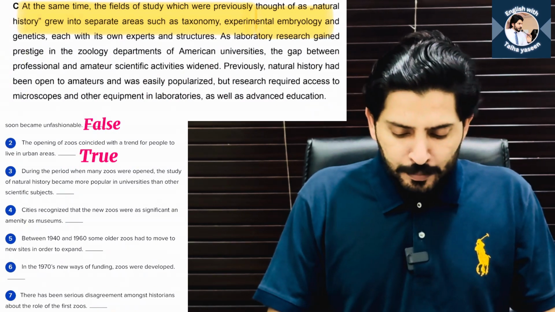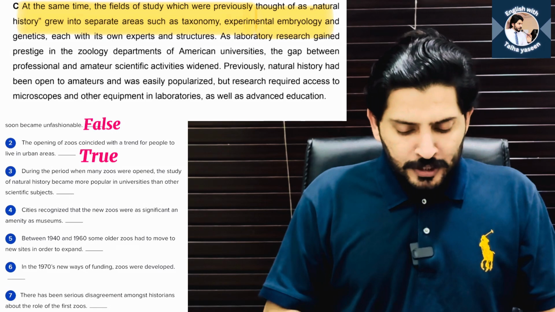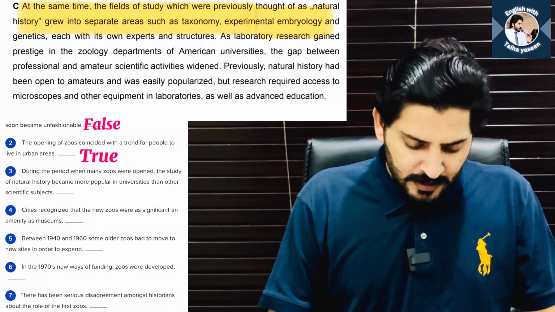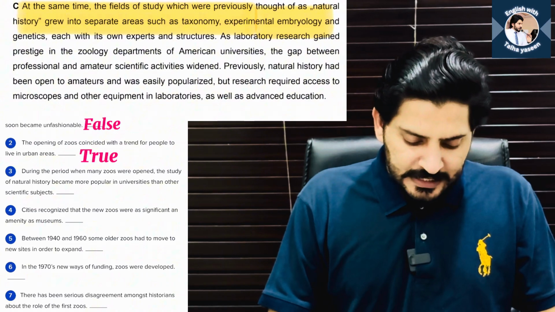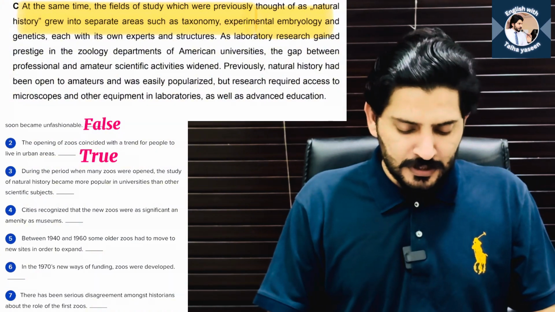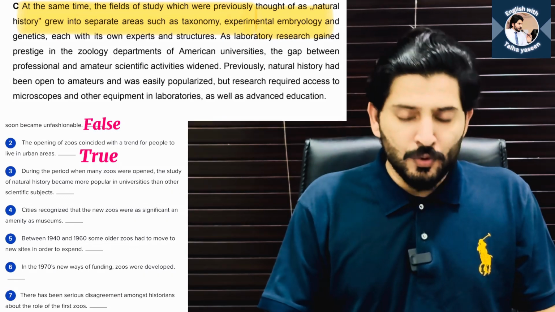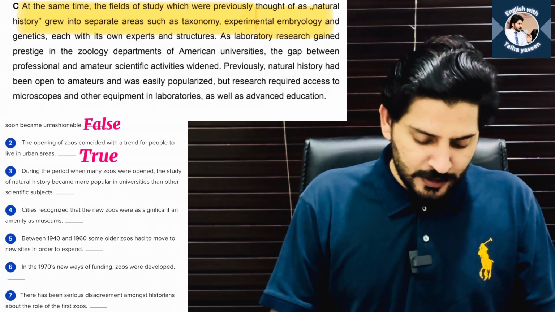So there is no mention, only branches are given. In the question he says the study of natural history became more popular in universities than others. So there is no comparison. When there is no mention, if there is no information on this, we will write Not Given.